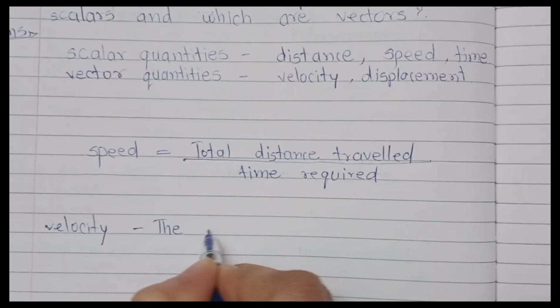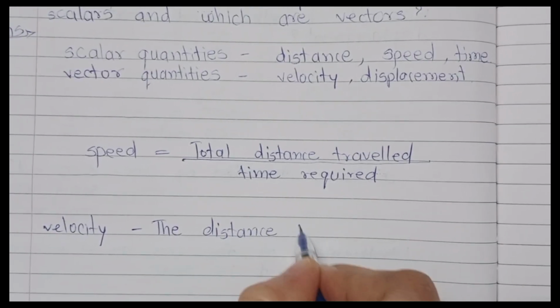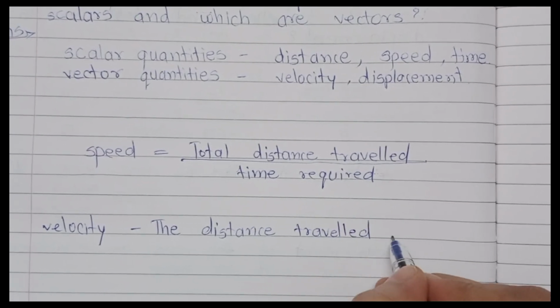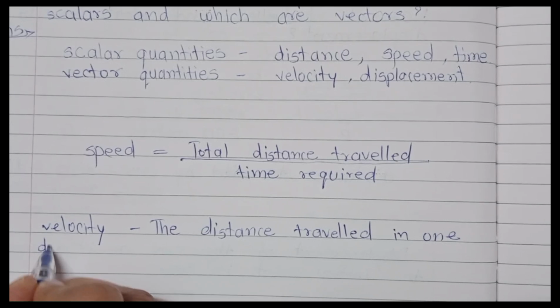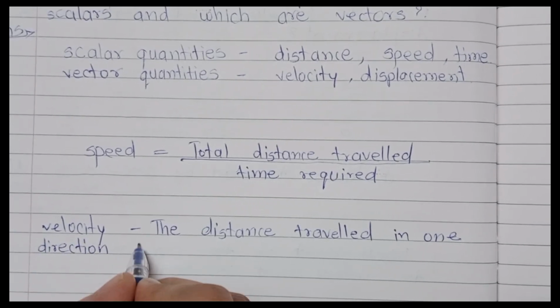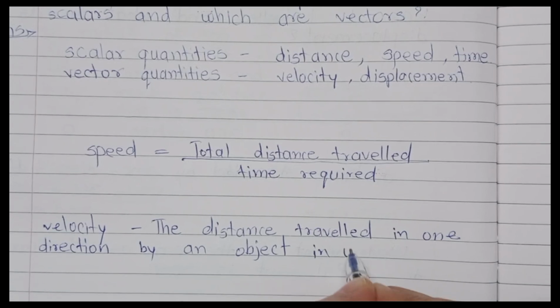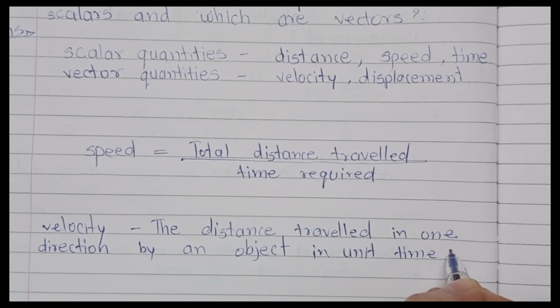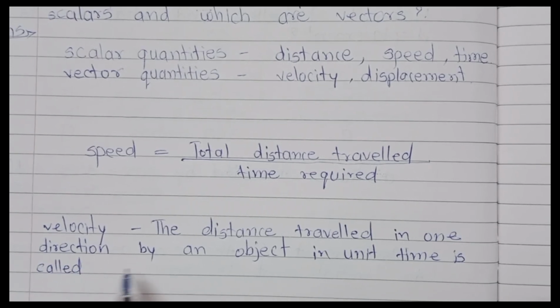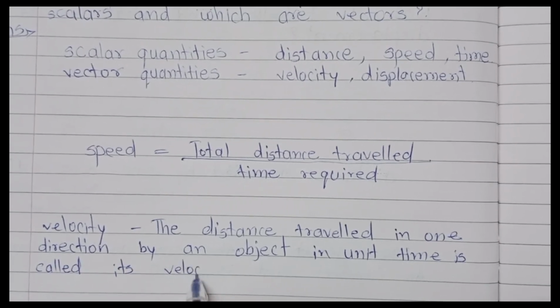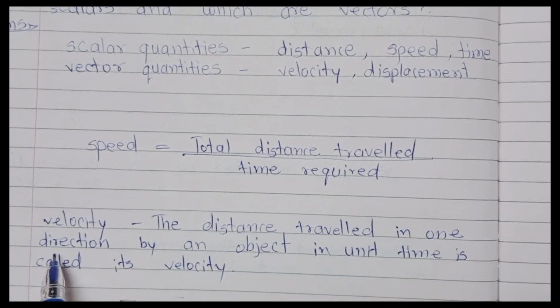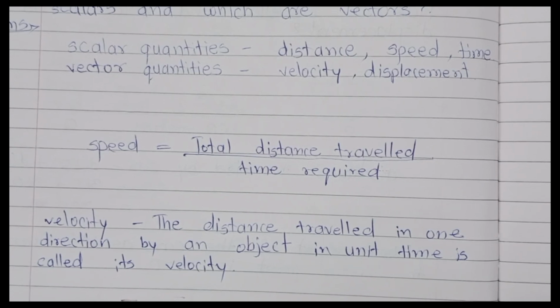The distance traveled in one direction by an object in unit time is called its velocity.